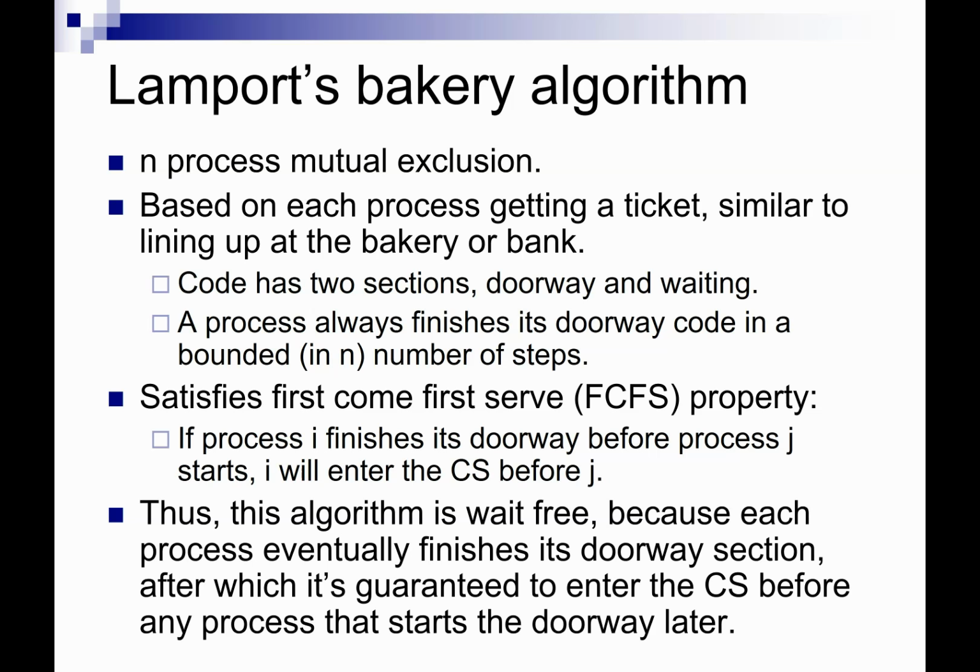If somebody is not in the doorway right now, then he is one of these J guys who starts his algorithm after I finish my doorway, and by the first come first serve property, he's going to enter after me. So the only guys that can enter before me are the guys concurrent with me, and there's only a finite number of those, so I'm never going to have to wait forever. I just have to wait for my concurrent threads to finish.